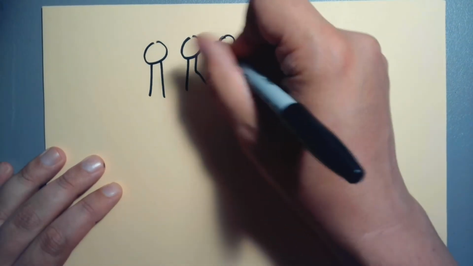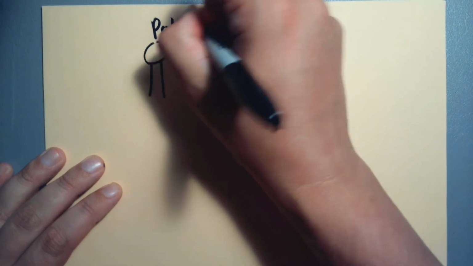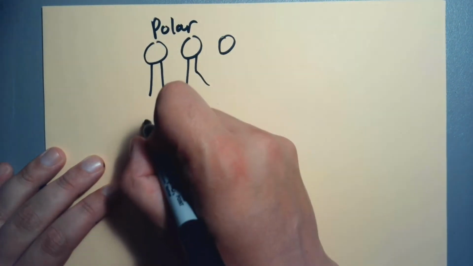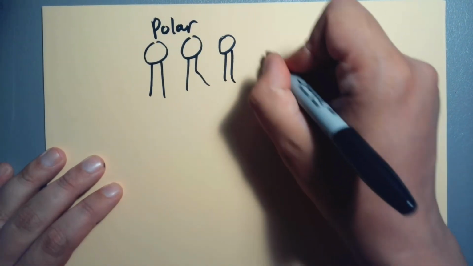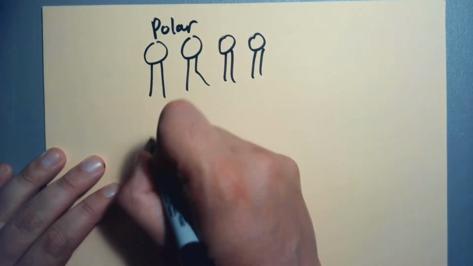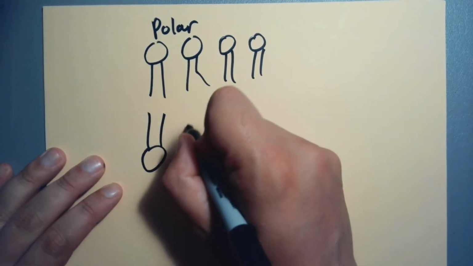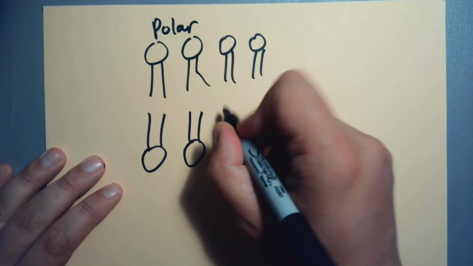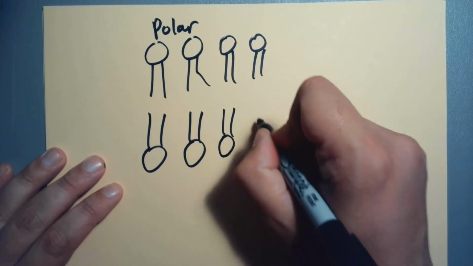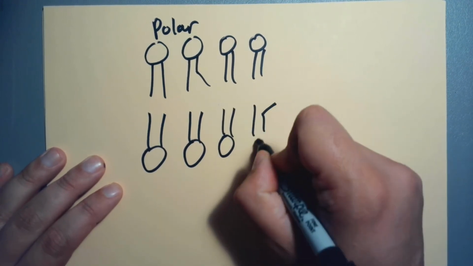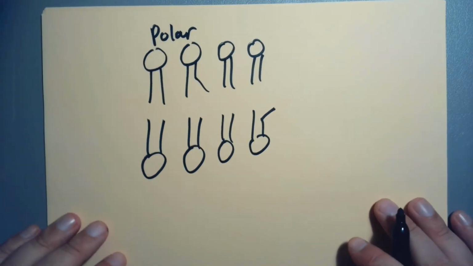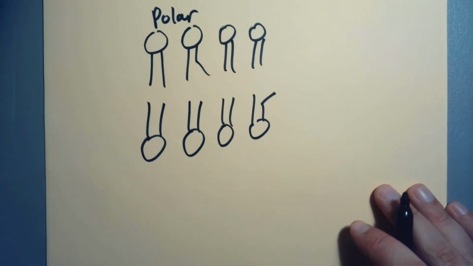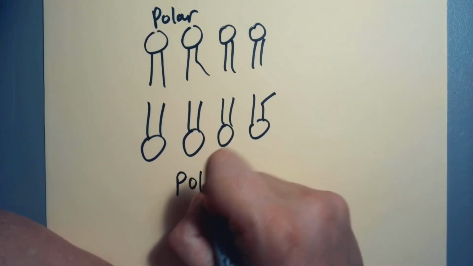And so we've got polar, and then down we've kind of got this guy, and then below it we've got the same thing going the opposite direction. I'll do one more unsaturated fatty acid chain in there. And so it's polar on the outside.